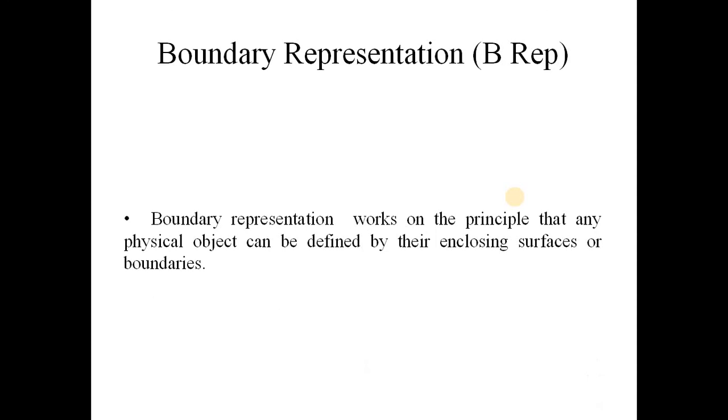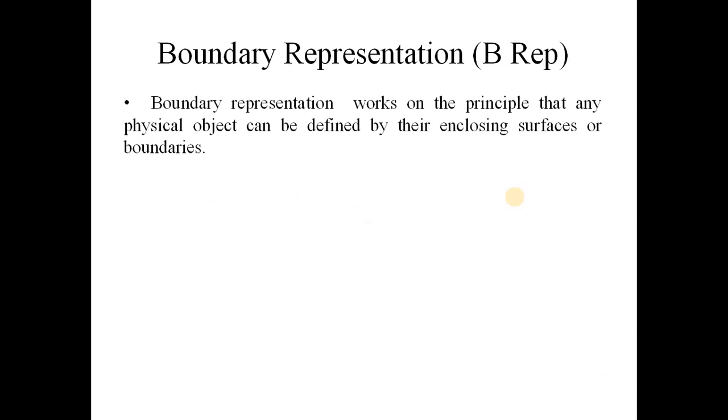And the last scheme is boundary representation. Boundary representation works on the principle that any physical object can be defined by either enclosing surfaces or boundaries. So it works on the principle that any object is made up of the surfaces and the boundaries.